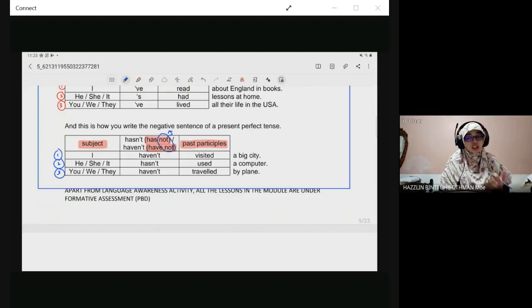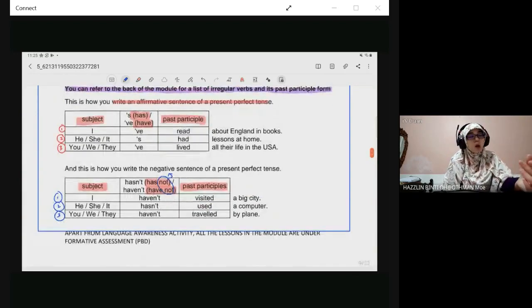You still need a subject. You need to have has or have, and you also need to have a past participle when you write a present perfect tense. What makes it different for affirmative and negative sentences is the not. Affirmative doesn't have not. For negative, it has not.